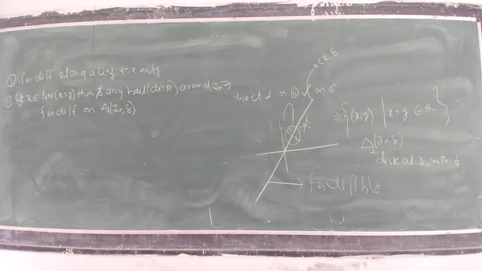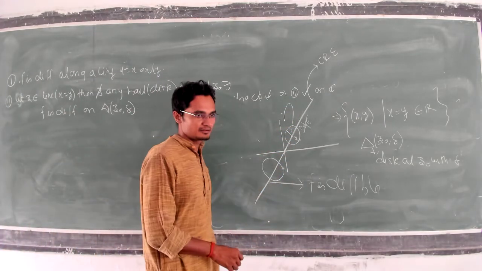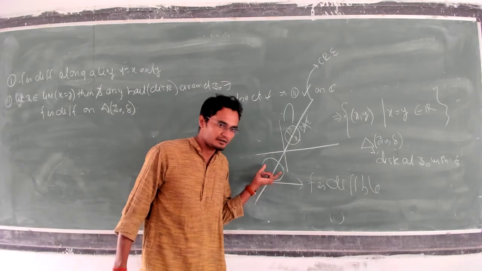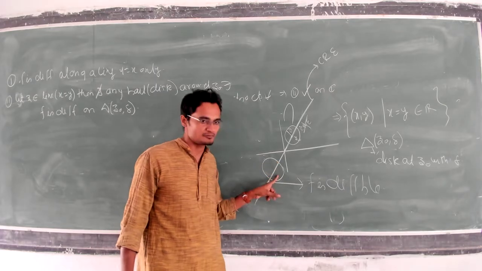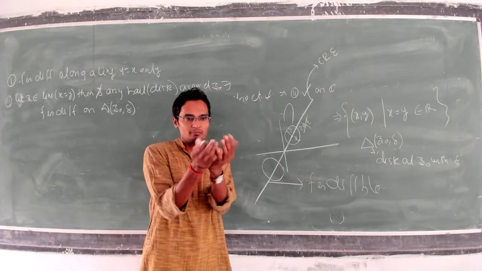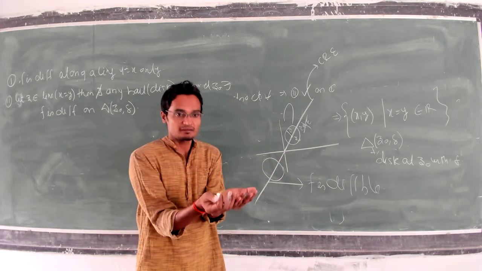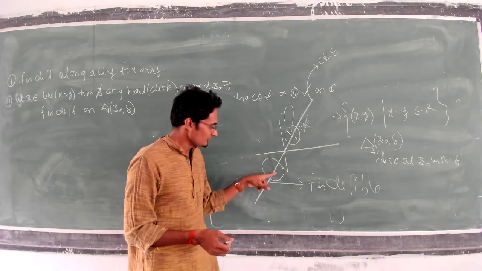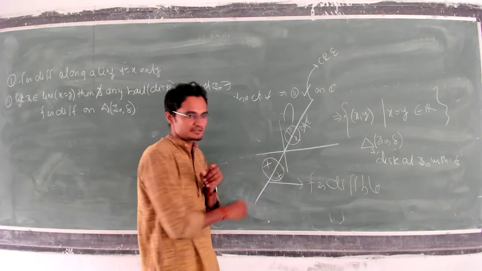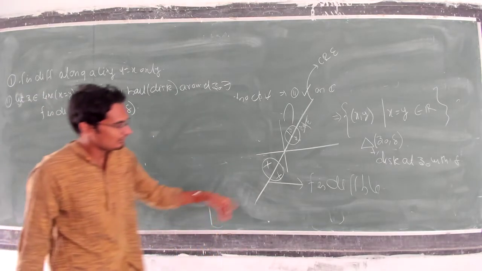What I mean is that if you take any point on this line and make a ball around the point, this ball will definitely contain points other than this line also, because a ball is a round circle, so it will contain more points apart from the line. But you know very well by definition that CR is not satisfied there. This implies that your function is differentiable along the line only.